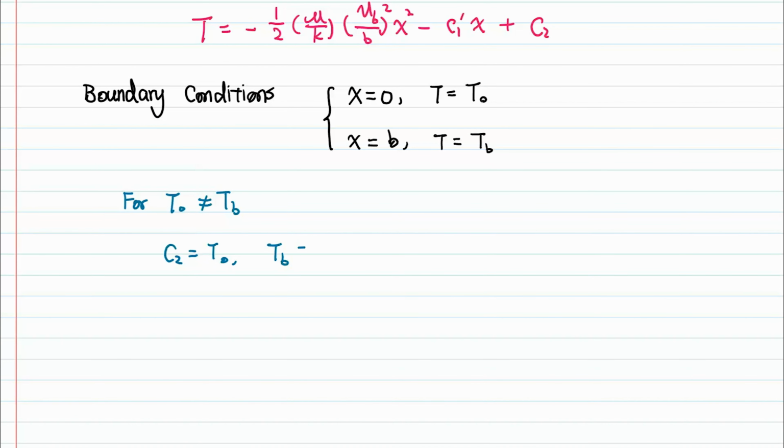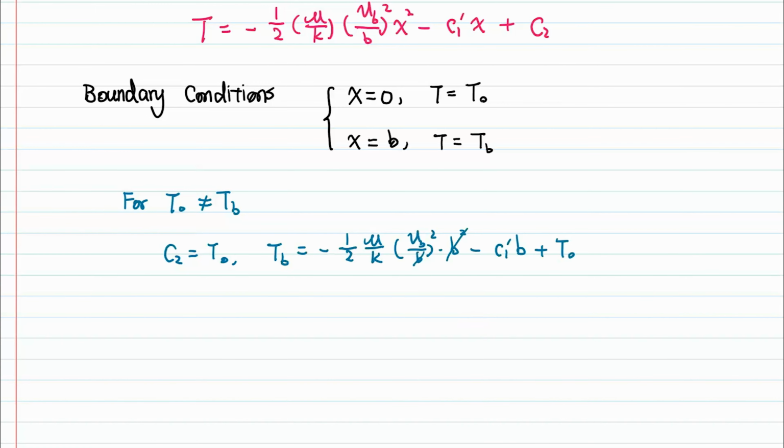And T sub b would equal negative 1 over 2 mu over k vb squared over b squared times b squared, minus C1 prime b plus T naught.